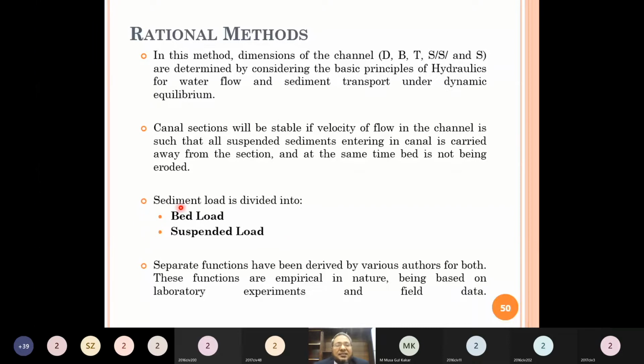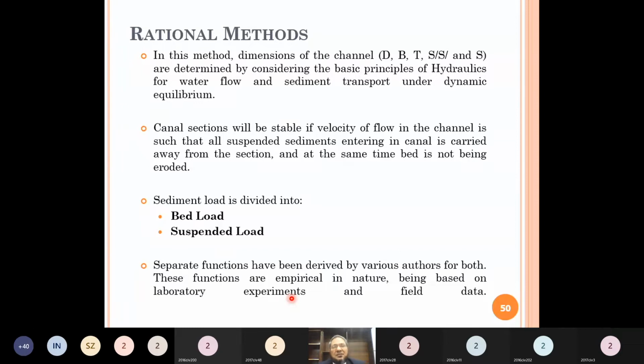Okay, now these equations which are for bed load and suspended load, on what basis were these equations developed by the several hydraulic engineers? These equations are basically empirical in nature, and these equations are developed by taking laboratory experiment data.